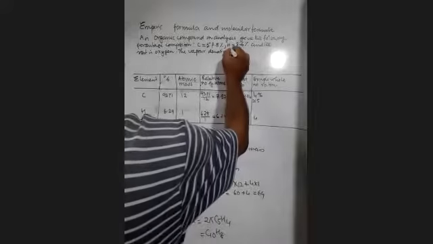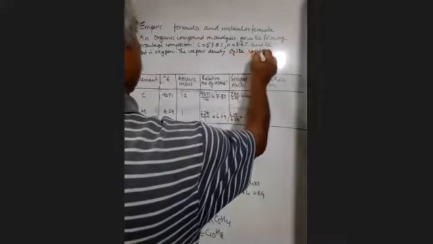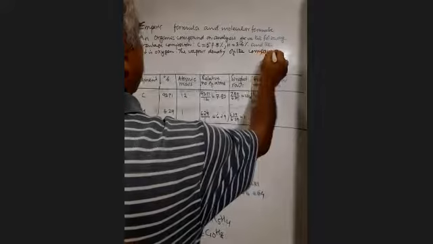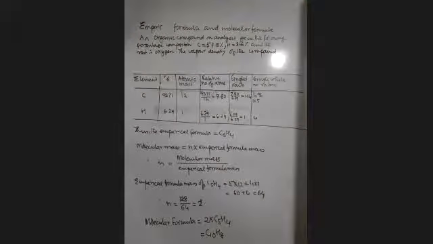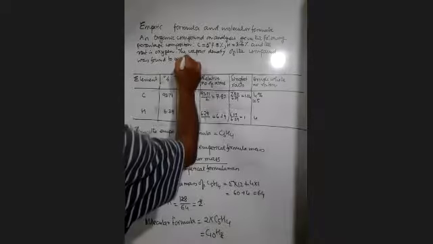The vapor density of the compound was found to be 83.